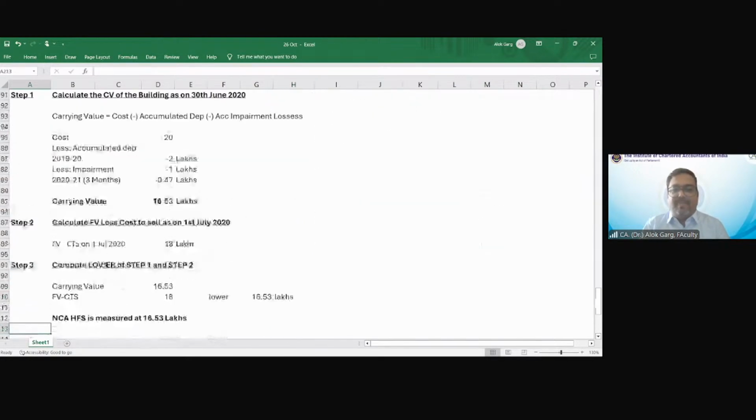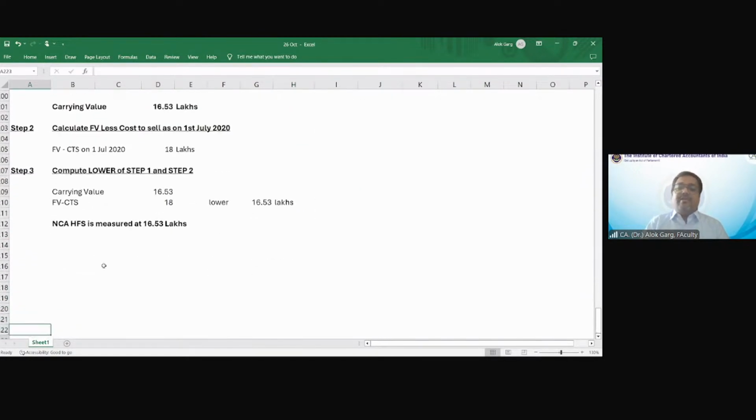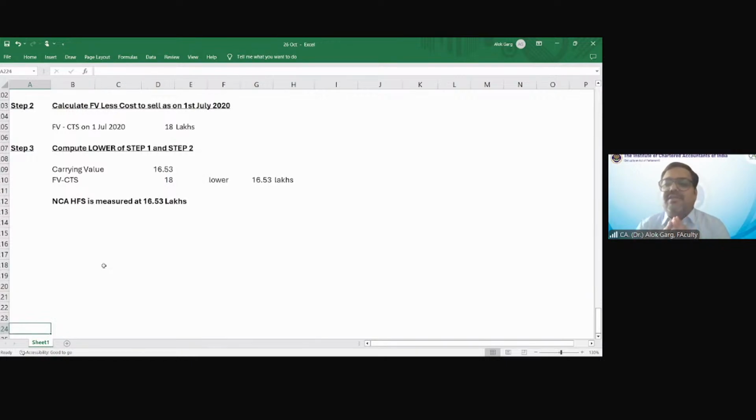Okay, so friends, we discussed the initial measurement of the NCA HFS. For measuring an NCA HFS, first, if it is an intangible asset, an investment property, or a PPE, compute the carrying value as per the respective standard. Carrying value means cost minus depreciation minus impairment losses.